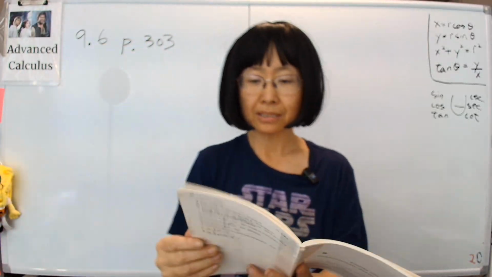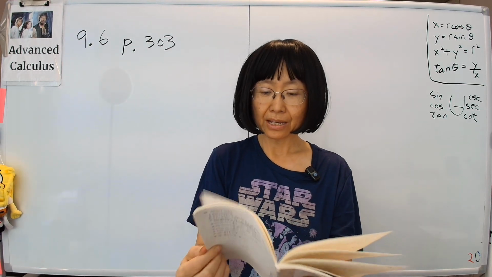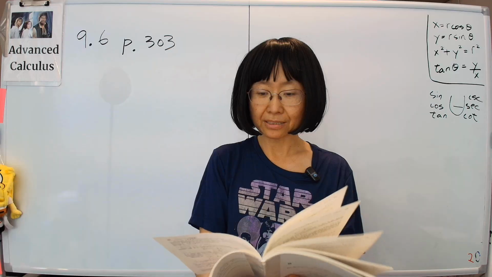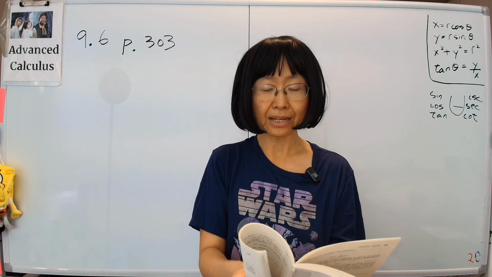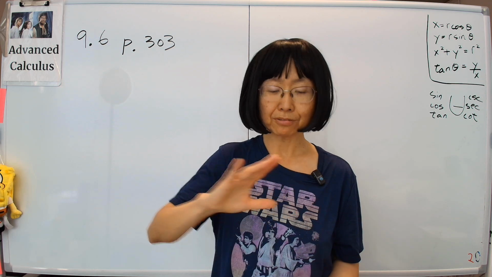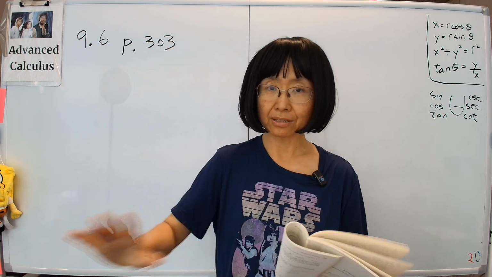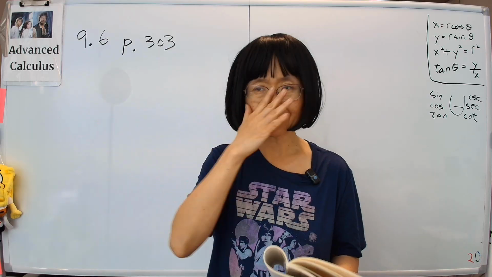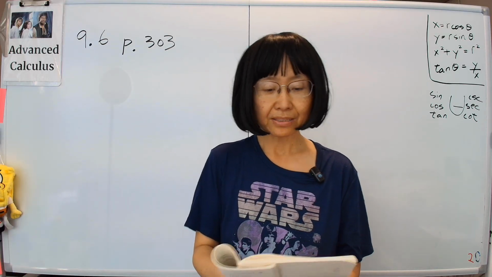In other words, the condition of Theorem 12 is not necessary. It's sufficient but not necessary. There is a way that a series can converge to a continuous function even if the series itself is not uniformly convergent. So that is that.